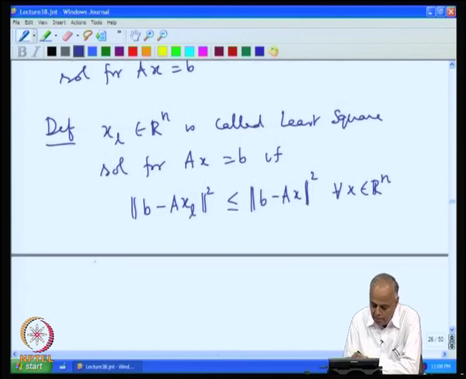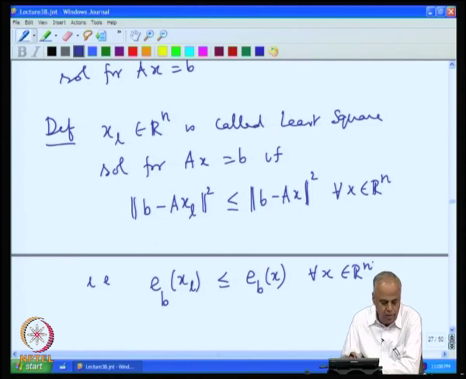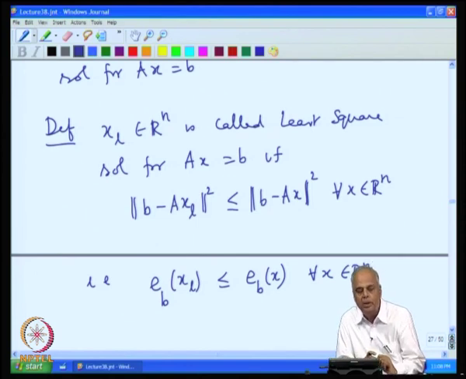That is the same as saying the error of taking x L as the solution will always be less than or equal to the error of taking any other x. So, our only hope is to find least square solutions when B does not satisfy the consistency condition. We shall next see how to use the basis that we have chosen to find the structure of these least square solutions.